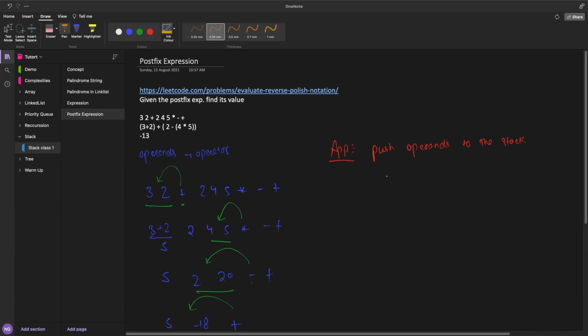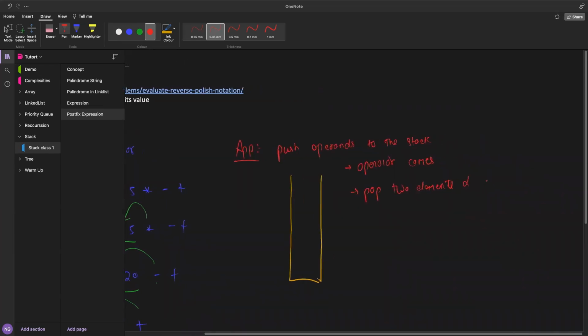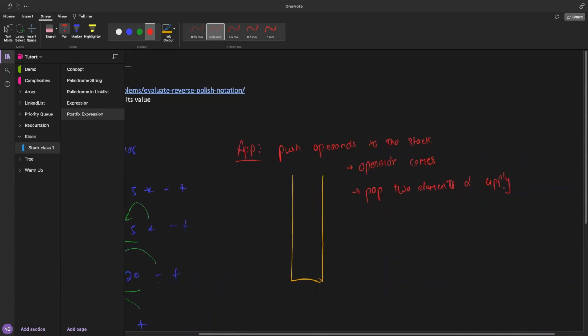Let's say we have a stack like this. Whenever an operator comes, pop two elements, apply the operator, and push back the result.